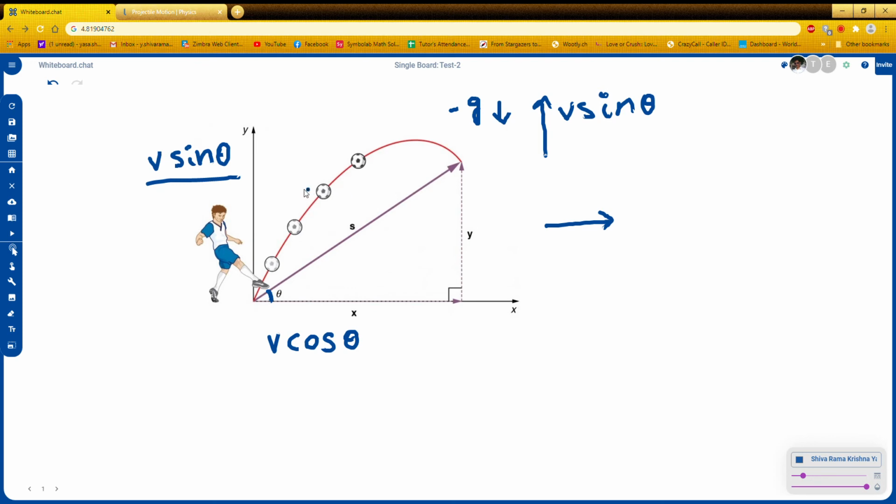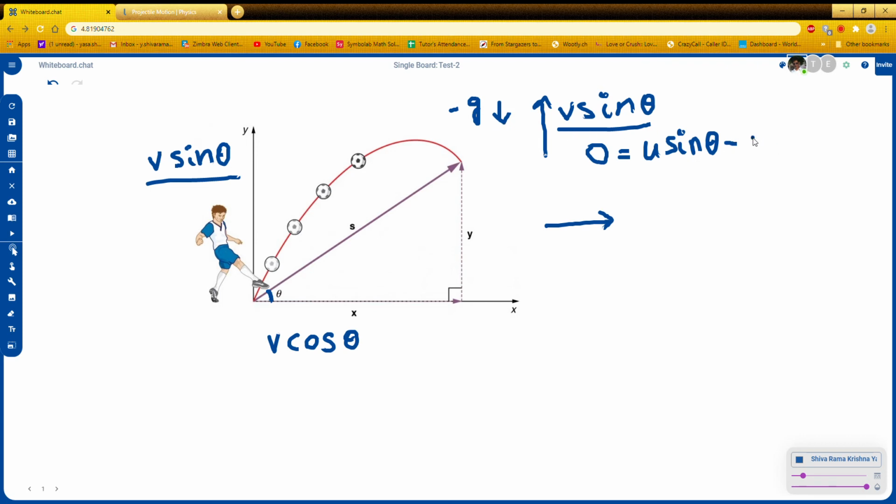So how to find the total time taken to reach the maximum height, and what is the maximum height? Here we know that at maximum height the vertical velocity will be 0, and this is the initial velocity. So we use the v equal to u plus at formula. So v is 0, equal to the initial velocity u sin theta plus at.